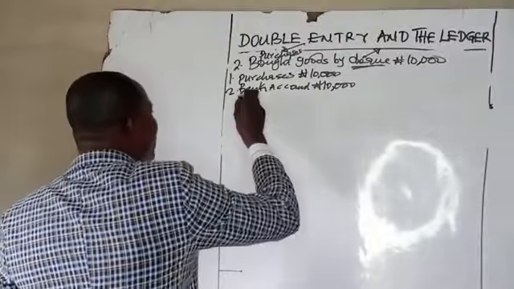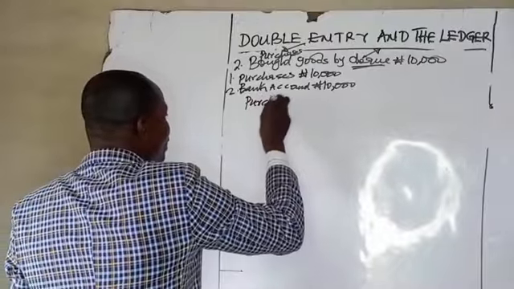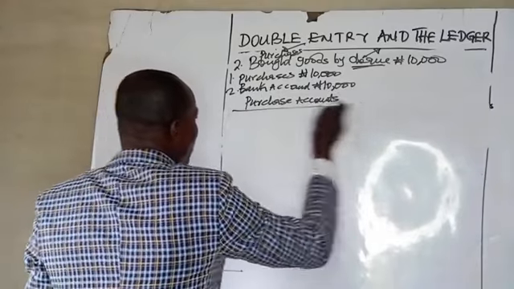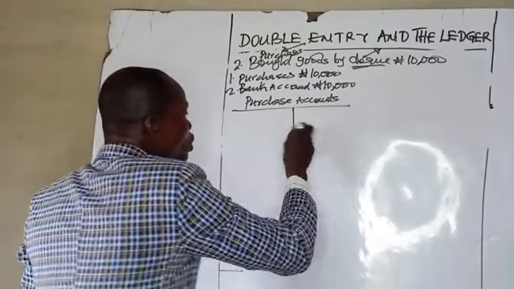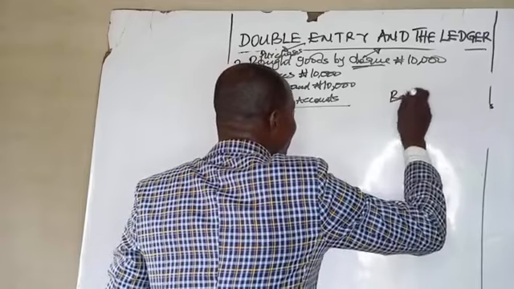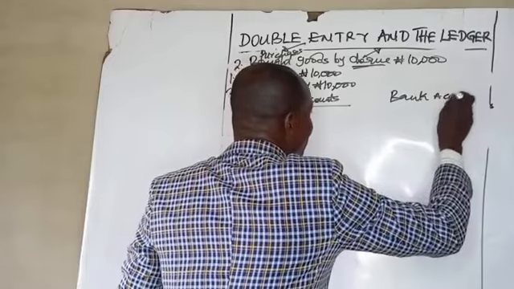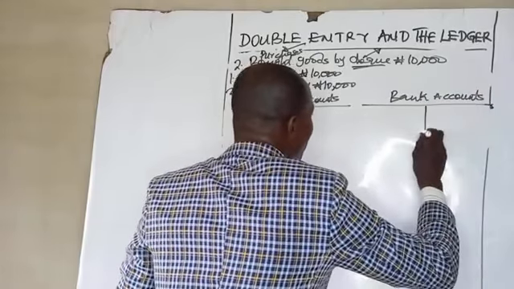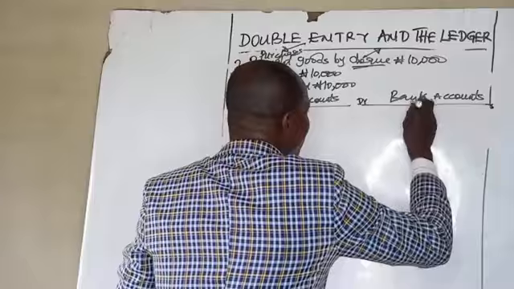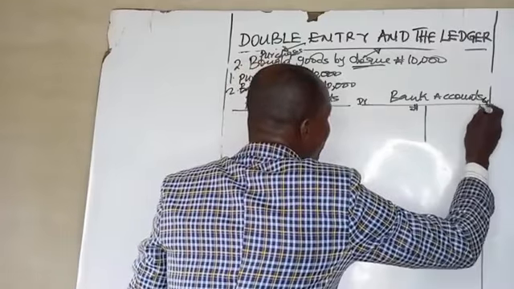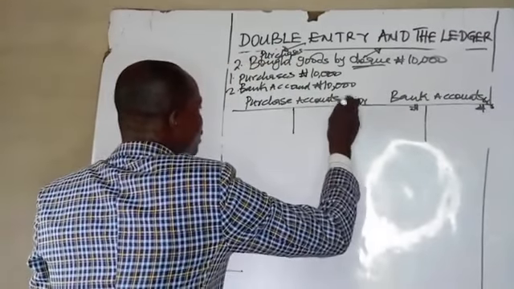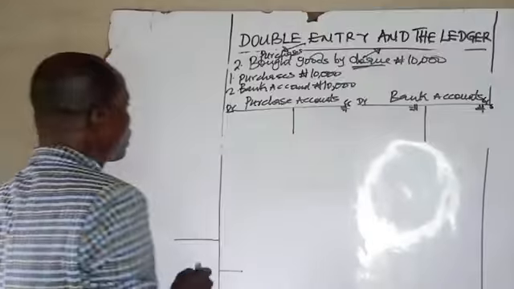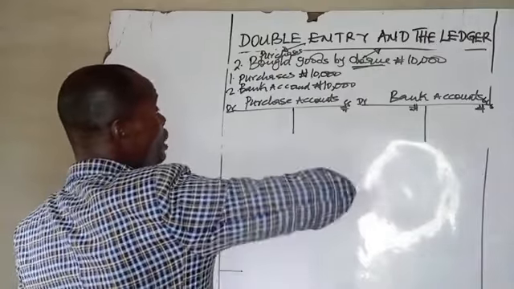So you open the purchases account, and you also open the bank account, with a debit side and a credit side. We said bank is the giver because money is going out of the bank.